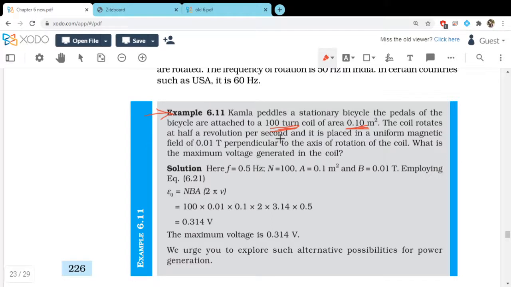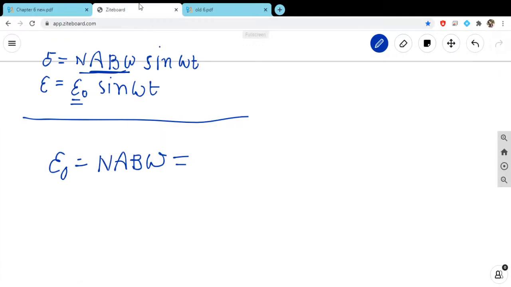That means the frequency is half hertz, because in one second it rotates just half.